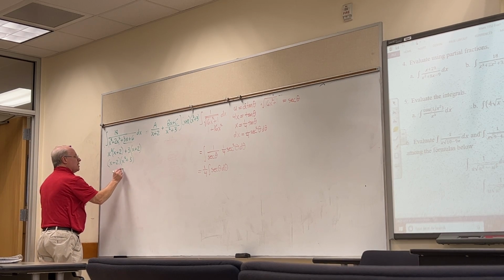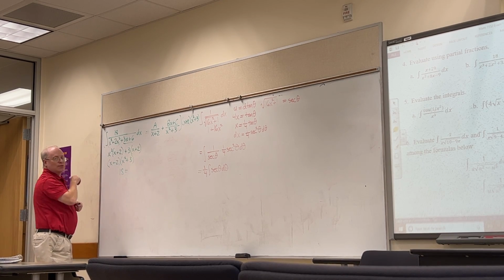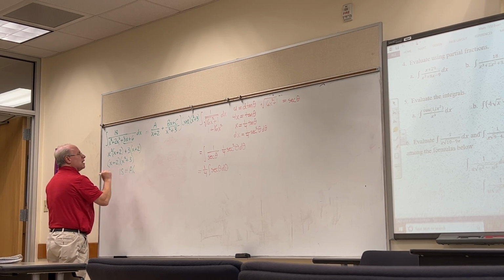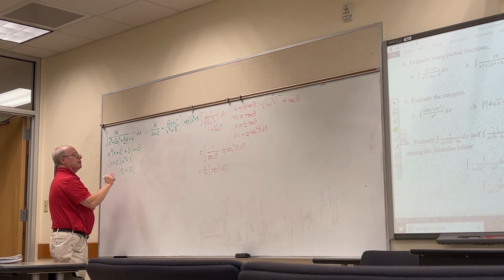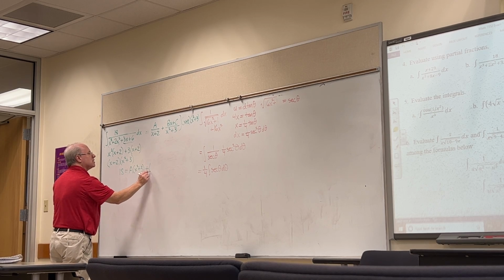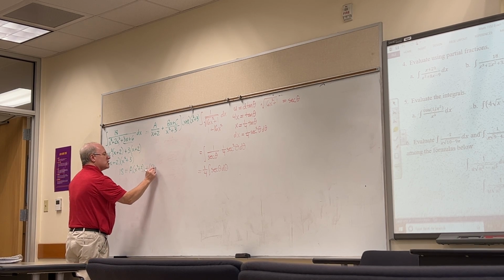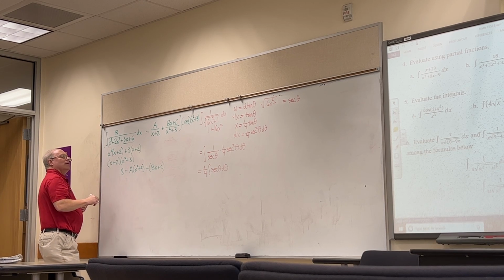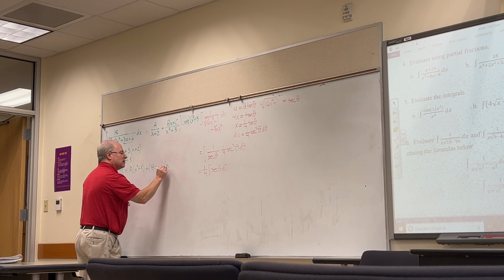So we're just left with 18 on the left because it cancels the denominator. And then on the right, we get A times x squared plus 3 plus, then we'll have Bx plus C times x plus 2, right?